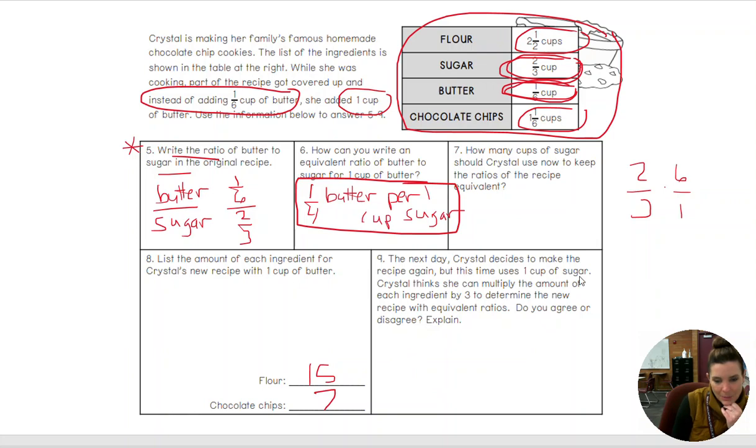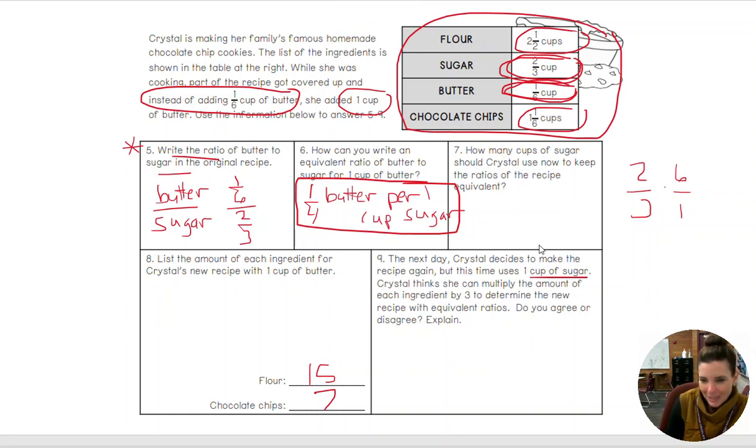Okay, last question. The next day, Crystal decides to make the recipe again, but this time uses 1 cup of sugar. Crystal thinks she can multiply the amount of each ingredient by 3 to determine the new recipe with equivalent ratios. Do you agree or disagree? And explain.